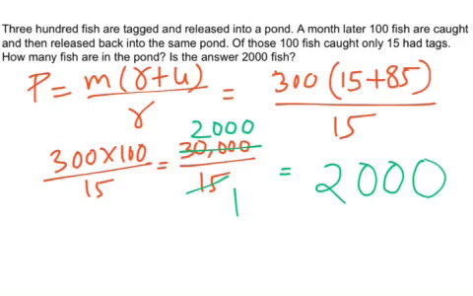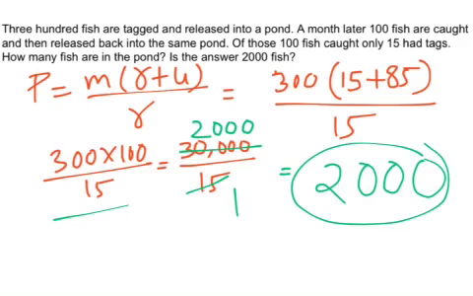That was given here, R, and plus U, unmarked, the second trap is about 100 minus 15, that means 85 by 15. So here it will come 300 into 100 by 15. That means 30,000 by 15, and we got the answer here, and we can confirm this: the answer is 2000 fish.